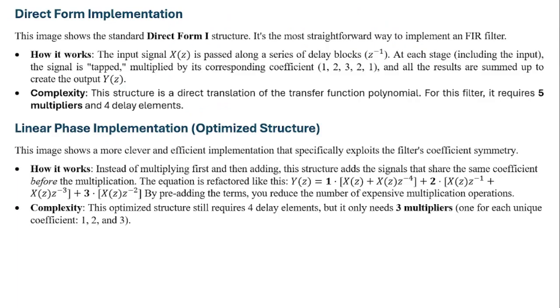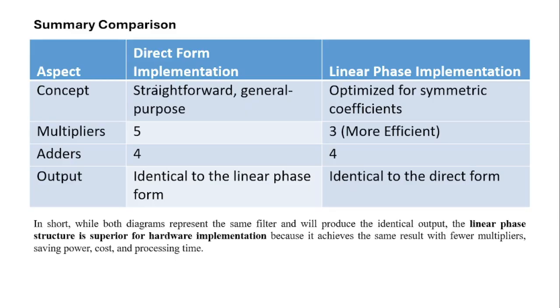So what is the advantage over there? The advantage is that here we were having 5 multipliers, but in the linear phase implementation, we were having only 3 multiplications. So that is decreasing our computation burden. Because in real-term FIR filters, I discussed with you that the taps will be going into the 50s, more than 50s, right?